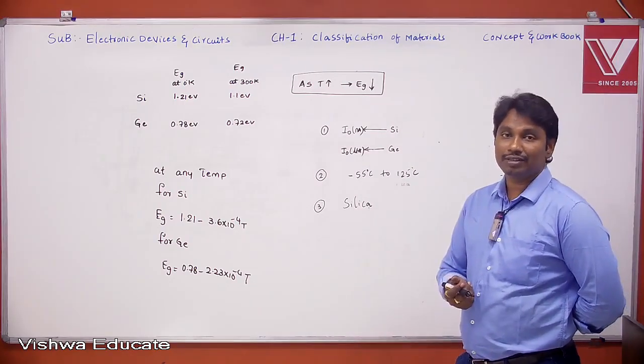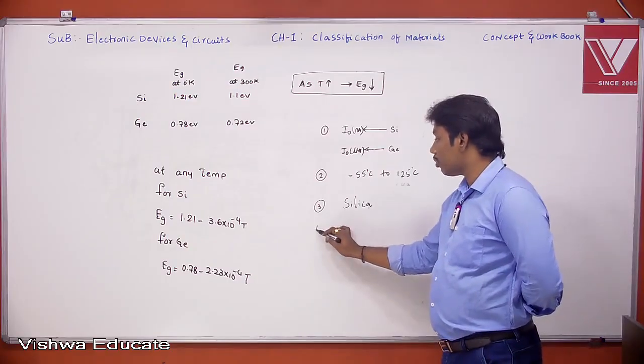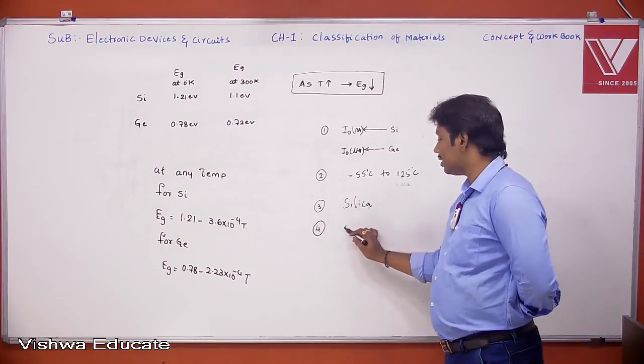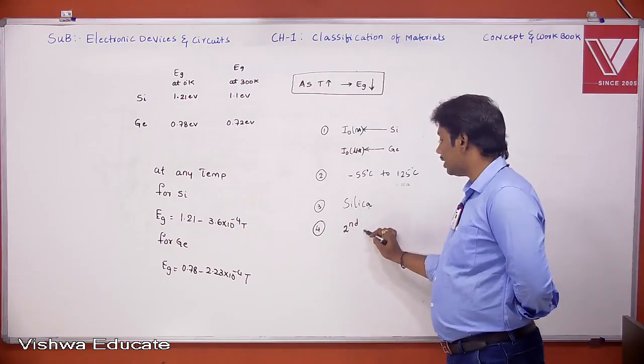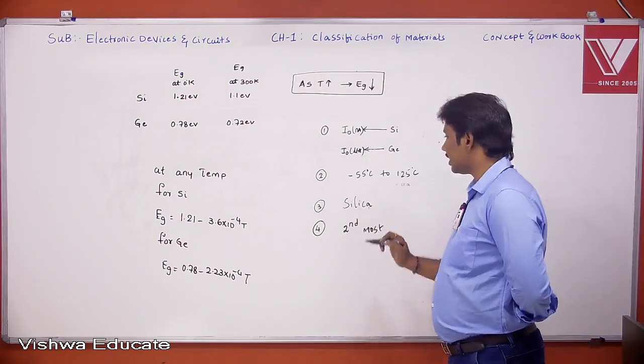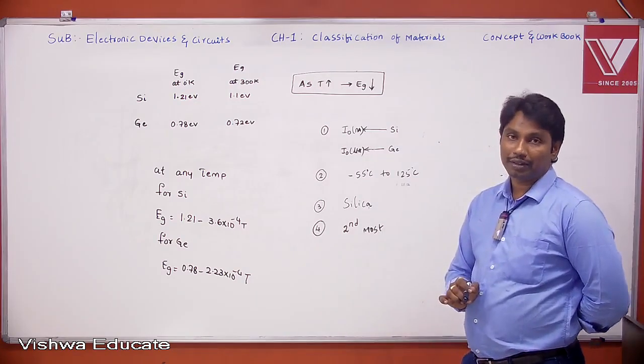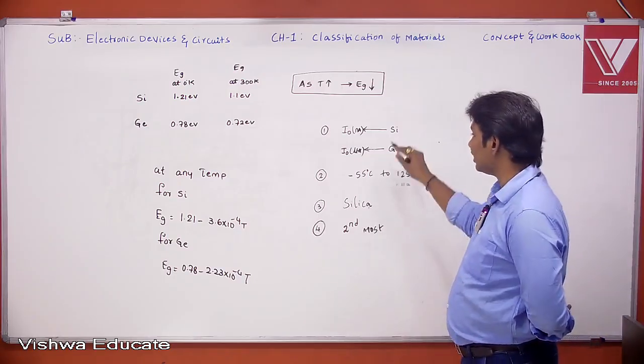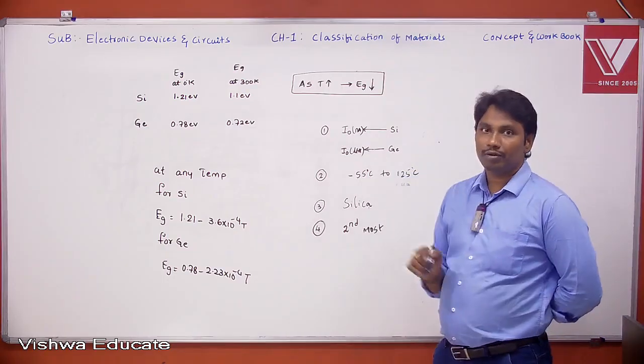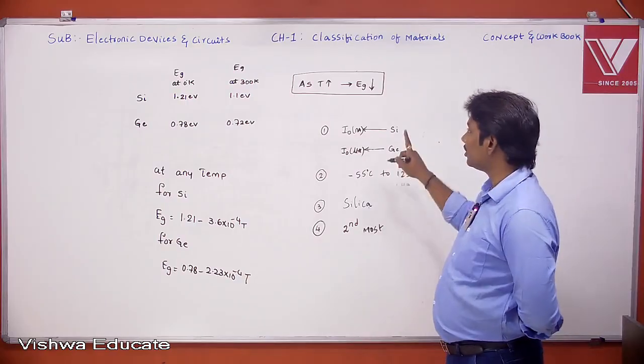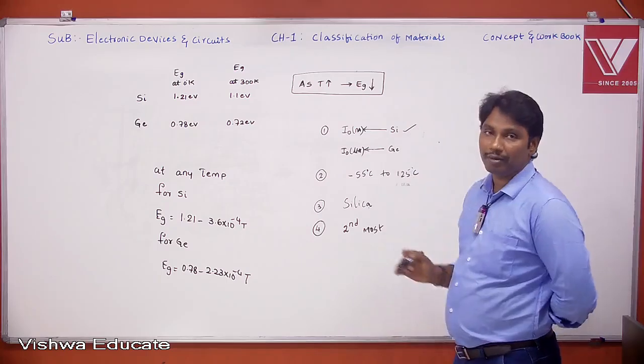And the last point but not least, silicon is the second most abundant element on earth. So because of these four reasons actually, even though germanium offers high conductivity, we prefer silicon in fabrication.